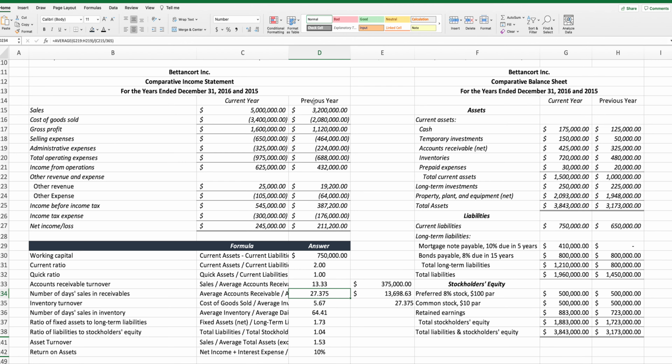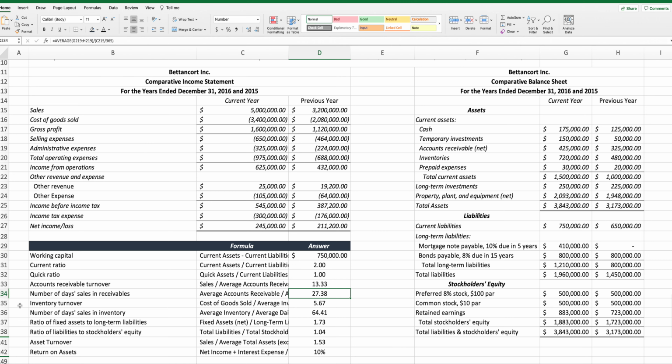These equal each other. So perfect. What is this telling me though? This tells me that it takes me on average 27 days to collect my accounts receivable. So if someone buys something on account, it takes me approximately 27 days to have the customer pay that back in full.